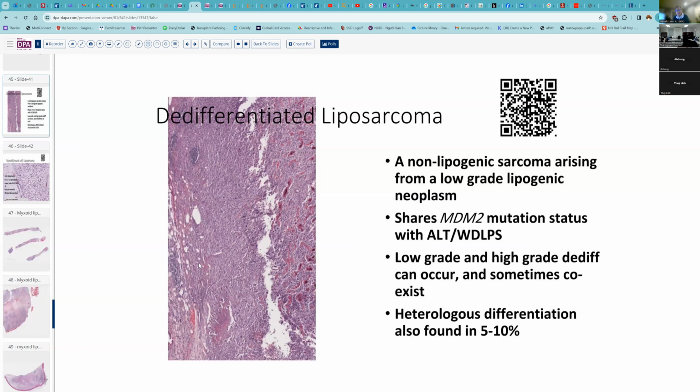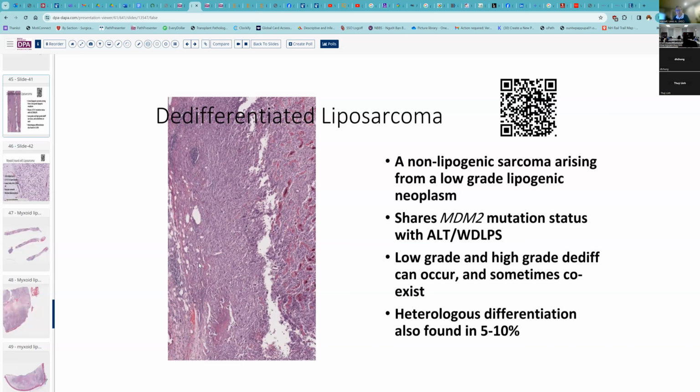I have a question. Yes. Hello, Professor. Can you hear me? Yes, I can hear you. Thank you very much. So you said to present two kinds of sarcoma.